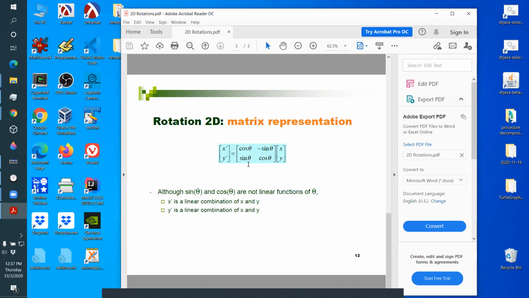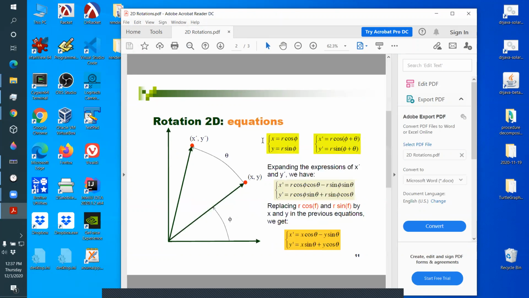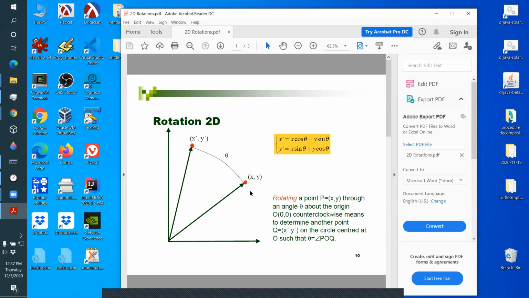So this is the matrix, and these two slides derive it. This does a really good job of explaining it. You're going to rotate this point to that point. (x, y) is the starting point, (x', y') is the ending point, and this arrow hasn't changed length. You're just changing the angle by theta. Then we want to derive the formulas for x' and y'.